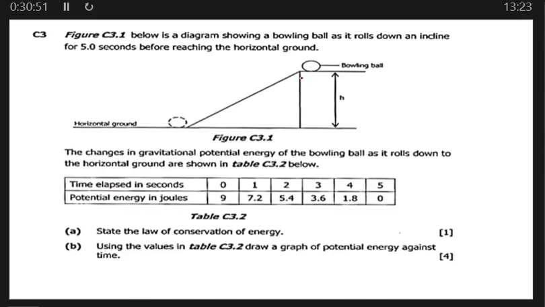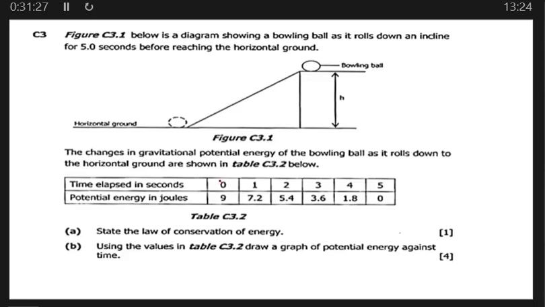So we are seeing this bowling ball which will roll on the incline, and we are told it will take actually 5 seconds the whole time before it reaches the horizontal ground. And then here we are told the changes in gravitational potential energy of the bowling ball as it rolls down to the horizontal ground are shown in table C3.2 below. So the change in this potential energy as it is rolling is recorded here.